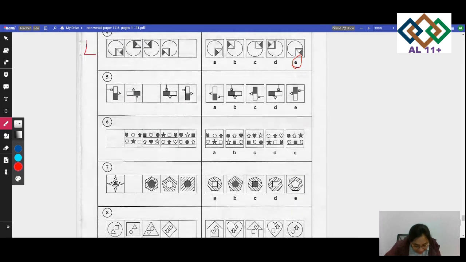In number 5, in each of the series, the entire shape again is rotating 90 degrees anti-clockwise. So the square-headed arrow alternates between pointing at the white section and the black section of the block. See?